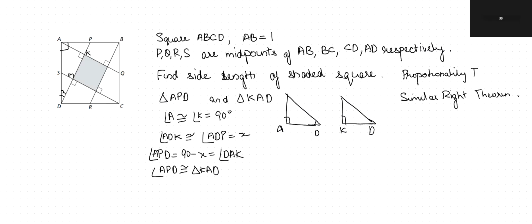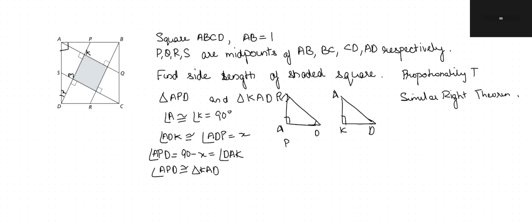And this is P, which is 90 minus X. This is P and this is A. Okay. So we can make similarity statements like this.